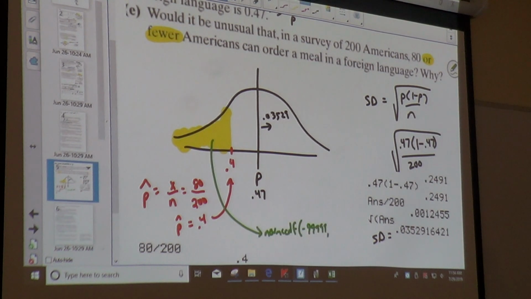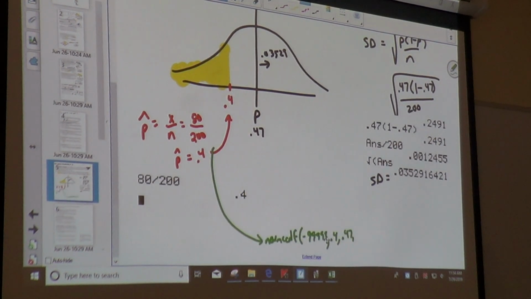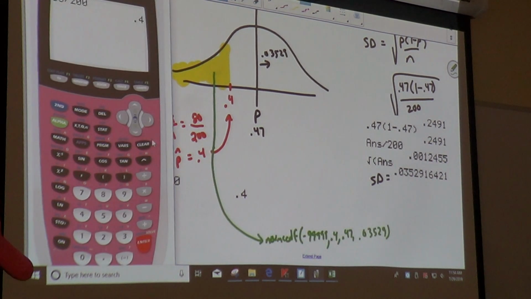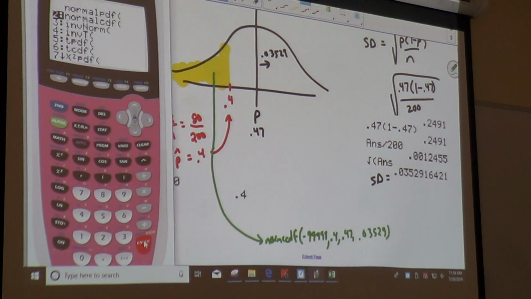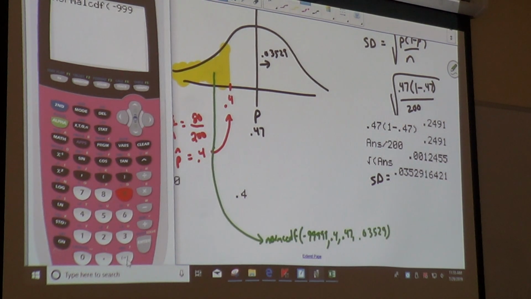Where did it end? 0.4. What is my mean? 0.47. And then my standard deviation is 0.03529. So I'm going to do second VARS, normal CDF of negative 99999, comma 0.4, comma 0.47, comma 0.03529.